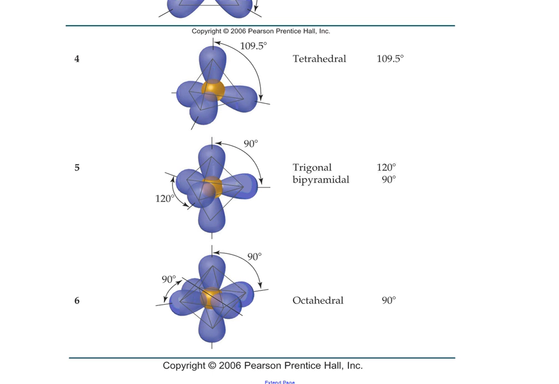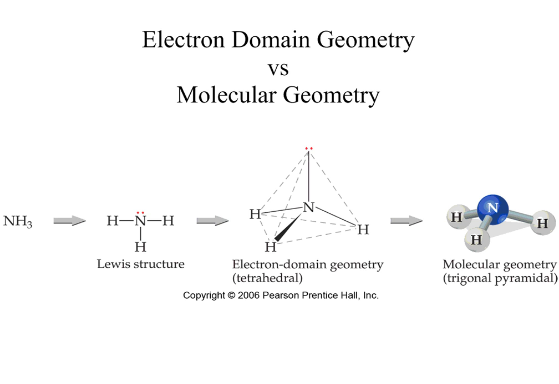The next consideration that we need to make is, how do we get from the electron domain geometry, which is based on how many electron domains there are, to the actual structure for the molecule? So this is where we go from those 5 primary shapes to kind of specialized shapes based on how the atoms are actually arranged. So up here we have the structure for ammonia, NH3, and you can see that the first thing we need to do in order to determine the number of electron domains is do a Lewis structure for the molecule.